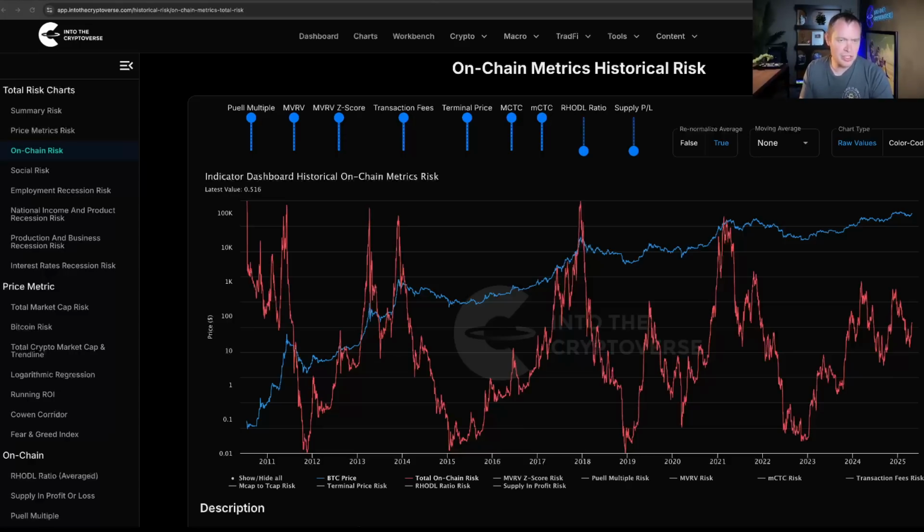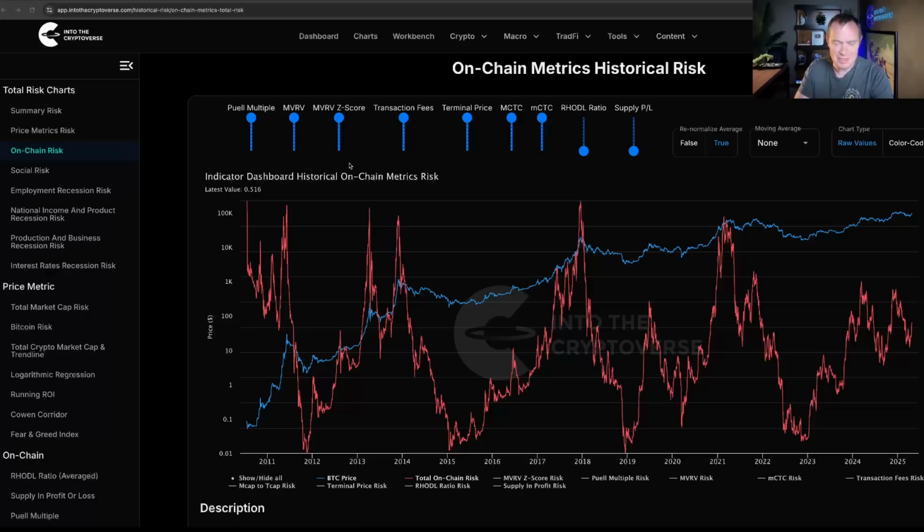So, on-chain data is a very interesting way to track Bitcoin and to really follow what it's doing from a pretty unique perspective that you can't really do with other asset classes. And you've probably heard of a lot of different on-chain indicators or metrics: the Puell multiple, the MVRV score, the MVRV-Z score, obviously transaction fees.